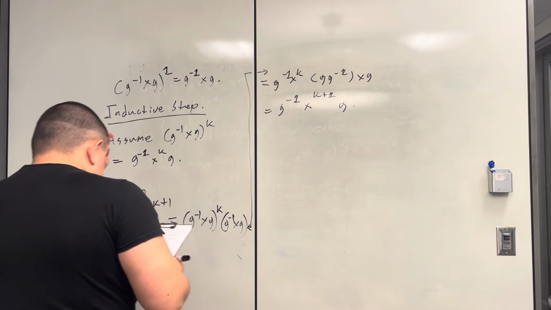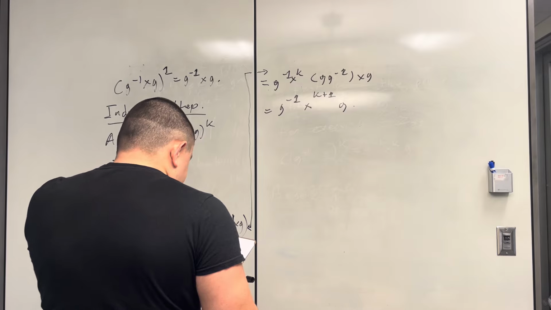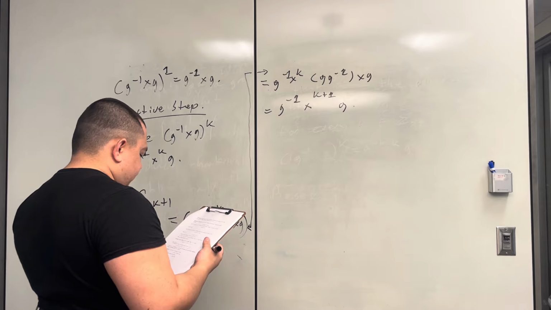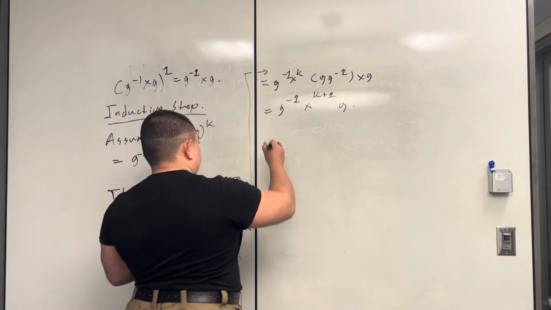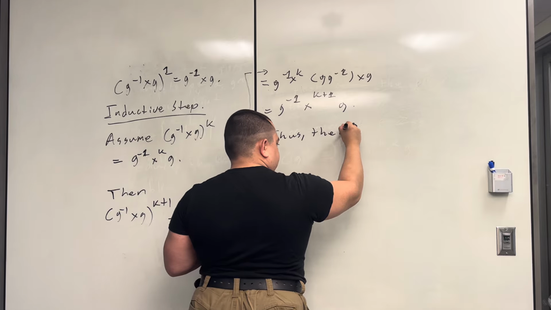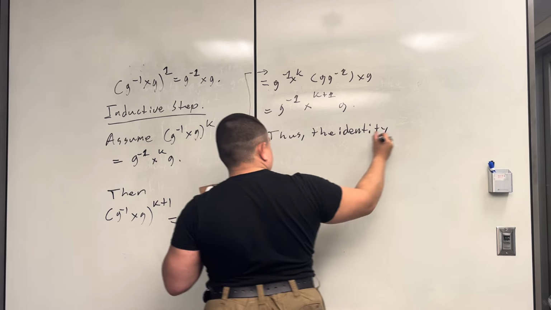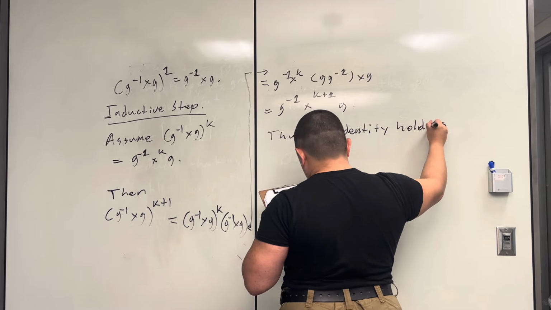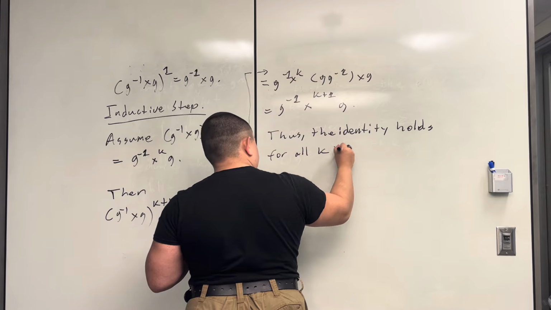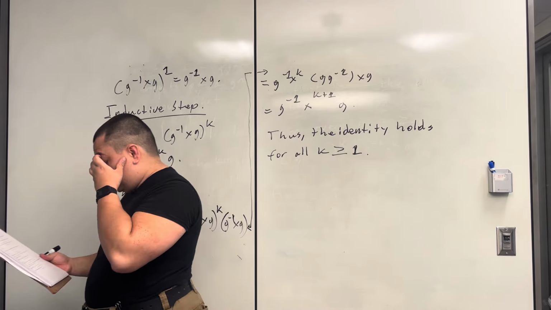So therein we have our identity, right? Because it holds for k plus 1, for k greater than or equal to 1. All right.